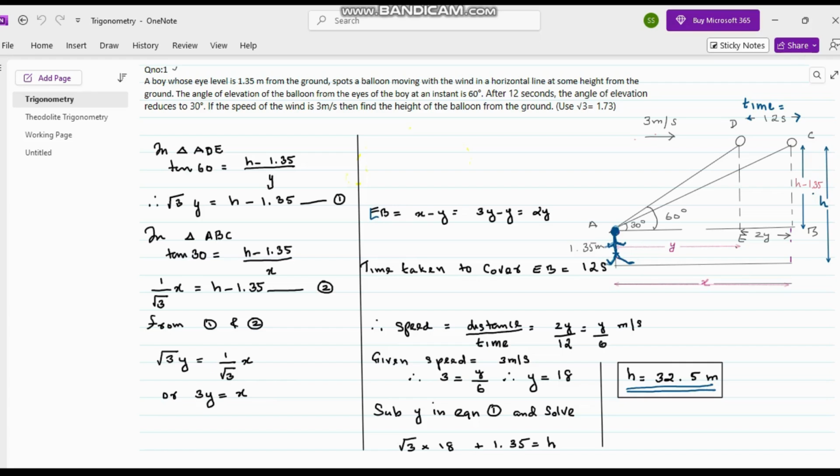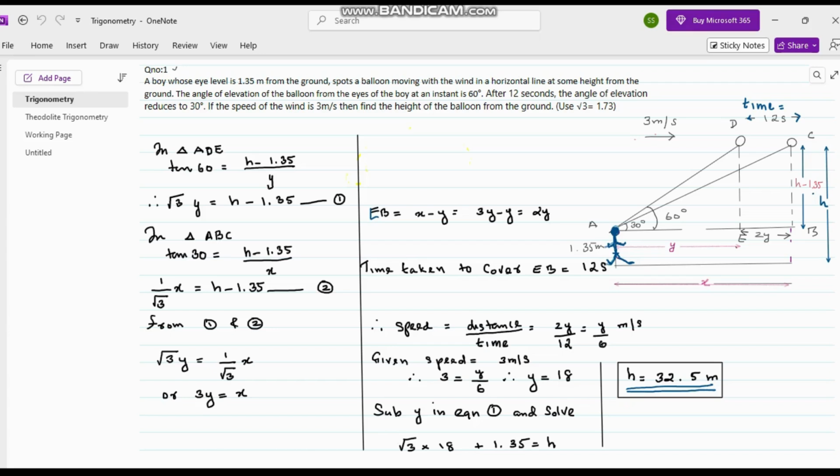So we can say that EB is equal to x minus y. But we know that the value of x is 3y. So we are substituting x as 3y. So 3y minus y will give you 2y. That is the value of EB. We have marked it in the figure as 2y.